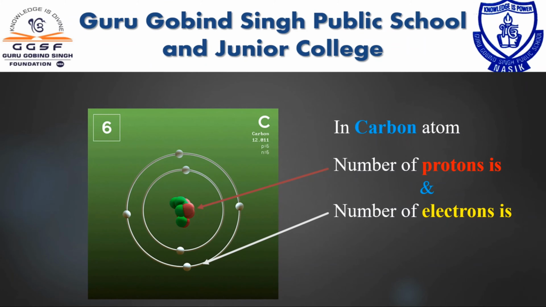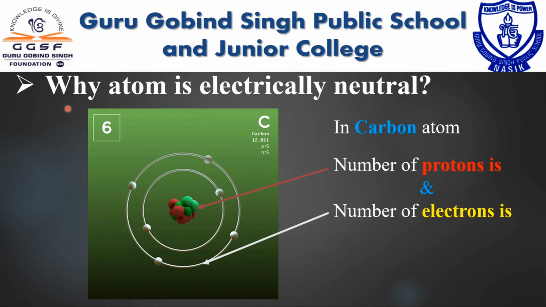Now, let's see why an atom is electrically neutral. The number of electrons in the extranuclear part is equal to the number of protons in the nucleus. As an electron carries negative charge and a proton carries positive charge, the electrical charges are balanced and the atom is electrically neutral.